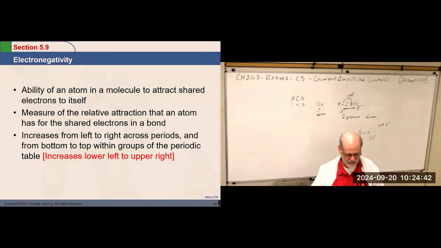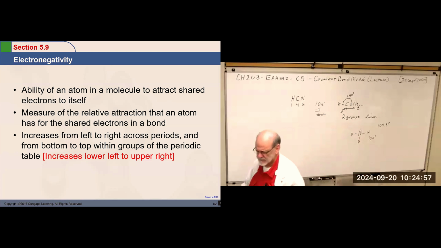All right. So I mentioned electronegativity kind of ahead of things. And this is a periodic trend in the table. There are several periodic trends in the table, and we're not going to go into all of them, simply because this is an introductory course.